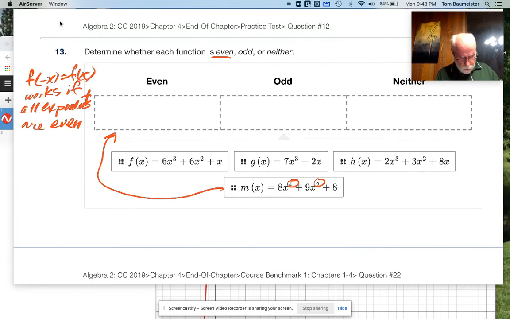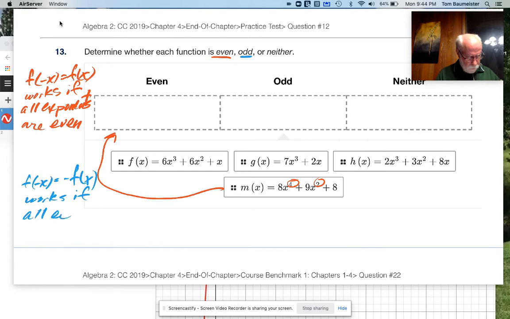For it to be odd, we know that f of negative x is equal to negative f of x, and that works if all exponents are odd.